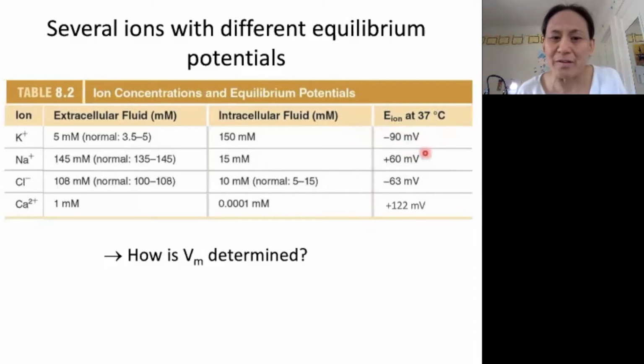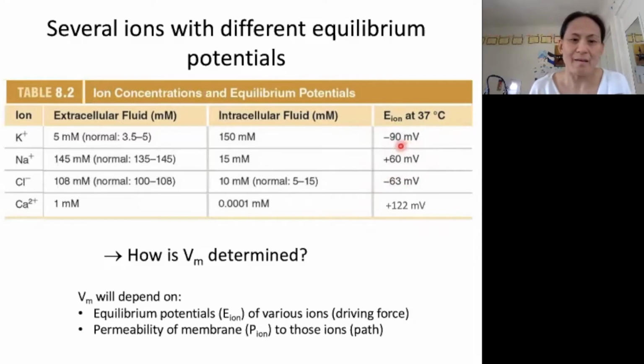Is it going to be closer to positive 60 millivolts? What's it going to be? Well, it turns out that the membrane potential is going to depend not only on these numbers here, which serve as a driving force for moving those ions, but it's also going to depend on the permeability of the membrane to those ions. So do those ions actually have a path through which they can move?